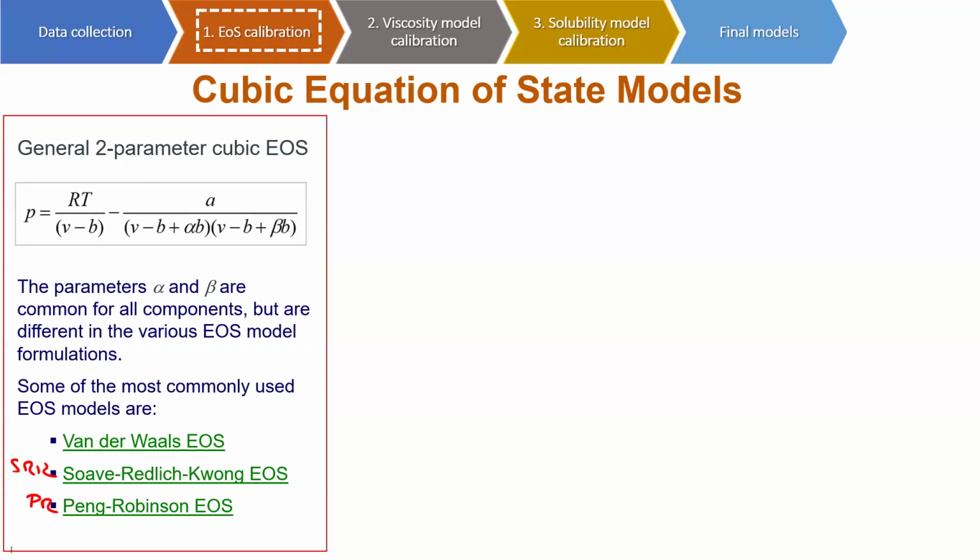So it's important for us and makes our work easier when we are dealing with the same equation of state. So our standard is to use Peng-Robinson. Other companies use SRK, but in general, both use one or the other.